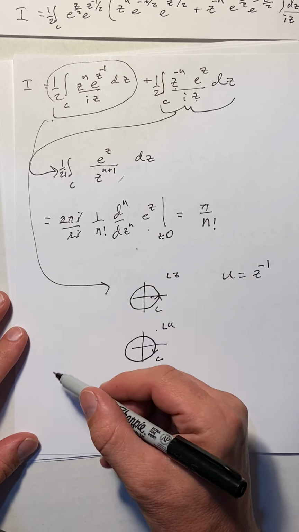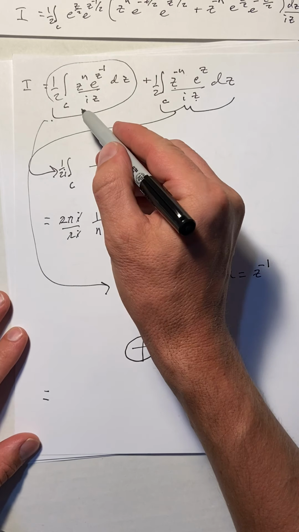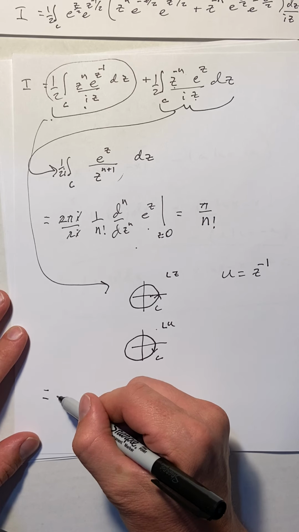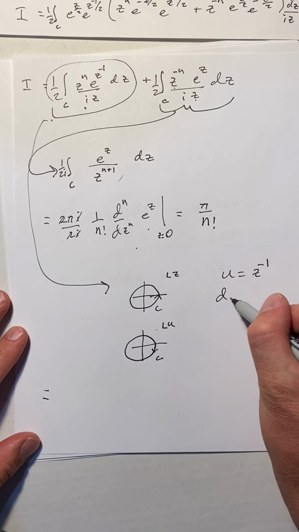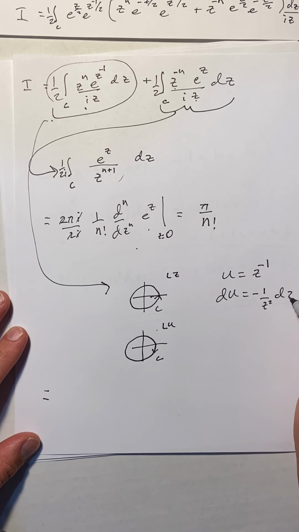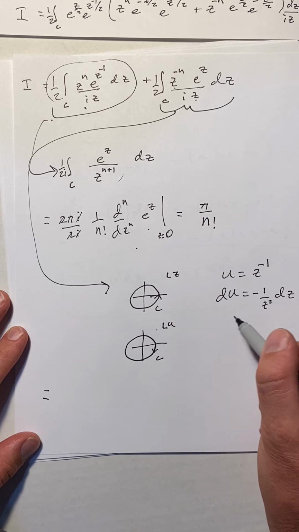Anyway, let me go ahead and write out the integral. So the first integral here, written out in terms of u. By the way, du is equal to minus 1 over z squared dz, which is minus u squared dz.